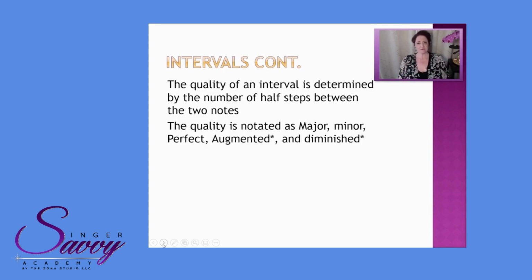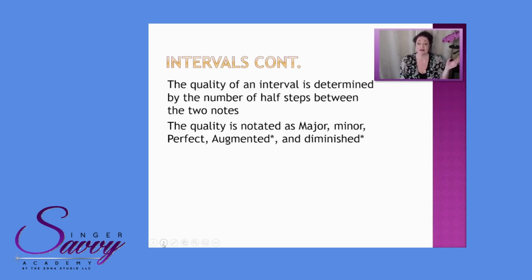So I can have a third, all right? So say I have a third that is going from one note that's on a line to the next note that's on a line. That's a third, okay? However, that third can have different qualities.